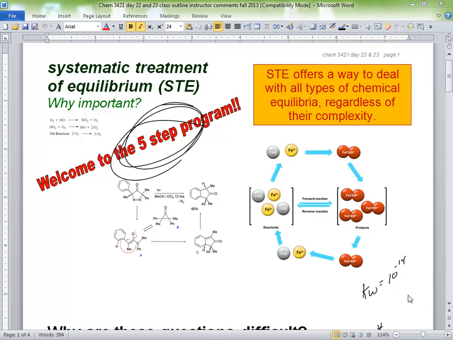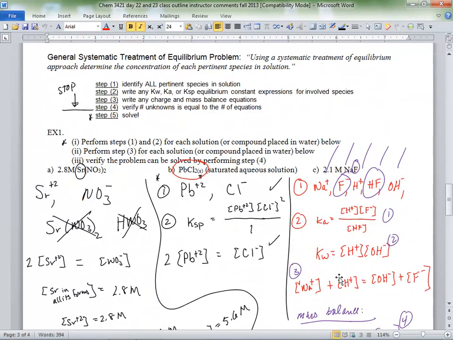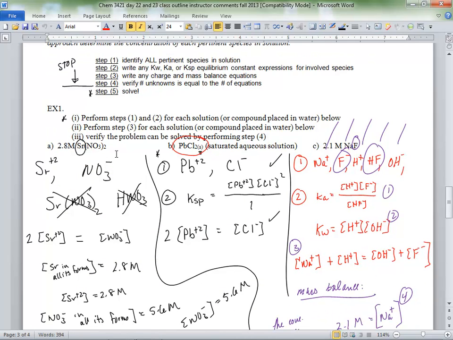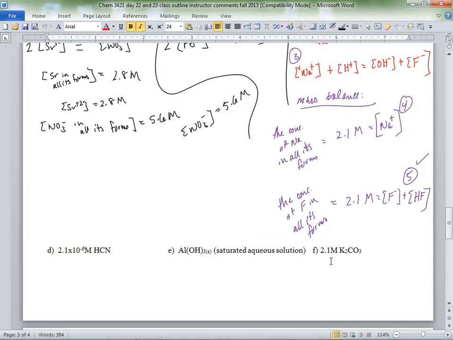Okay, today is kind of a second day of the same type of problem, right? What I'd like to do is go over the things assigned for today, which was to set up the problem. We had some solutions like 2.8 molar strontium nitrate, labeled A, B, C all the way through F, and you need to set up all the equations.